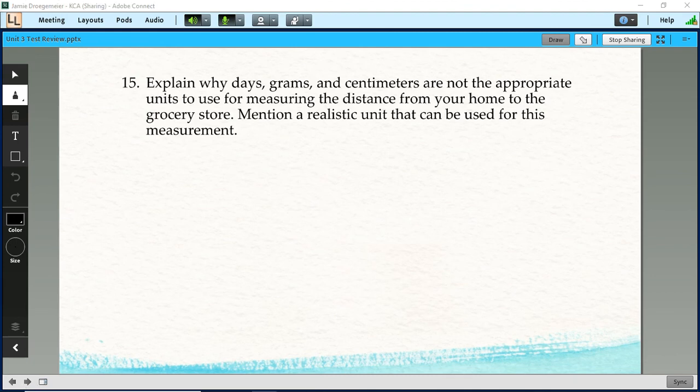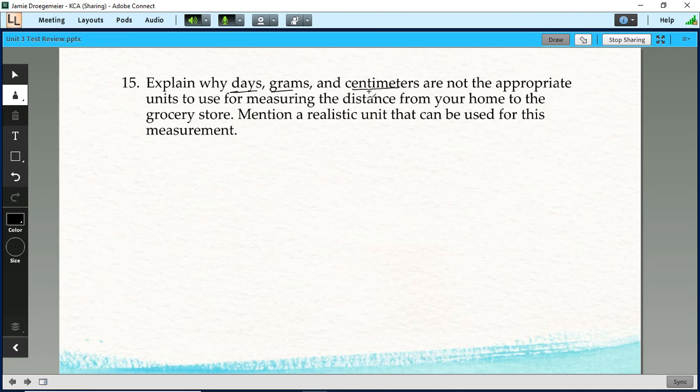All right, the next one here, explain why days, grams, and centimeters are not the appropriate units for measuring the distance from your home to the grocery store, and mention a realistic unit that we could use for this measurement. So we would just want to talk about what these units measure. Days is a measure of time, grams is a measure of weight, centimeters is a measure of distance.